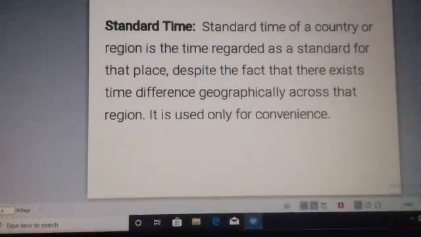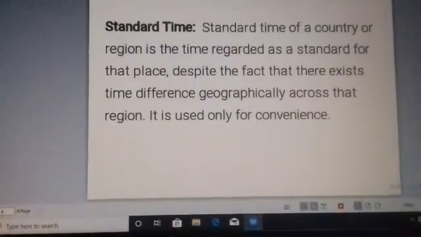Next is standard time. Standard time of a country or region is the time regarded as a standard for that place, despite the fact that there exists a time difference geographically across that region. It is used only for convenience.